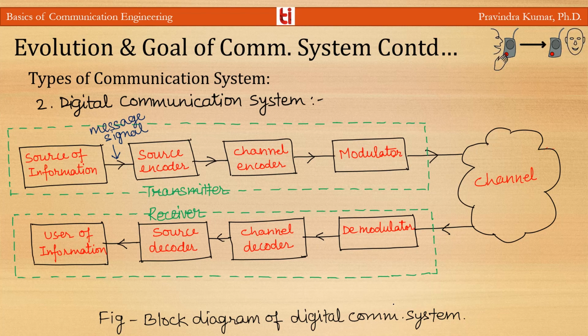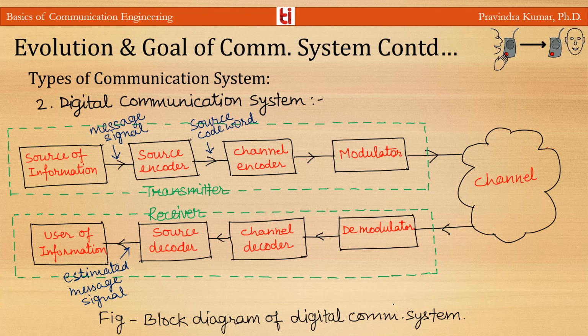The source encoder is responsible for the efficient use of the channel. Different source encoding techniques are pulse code modulation, delta modulation, adaptive delta modulation, etc. The resulting sequence of symbols at the output of the source encoder is known as the code word.